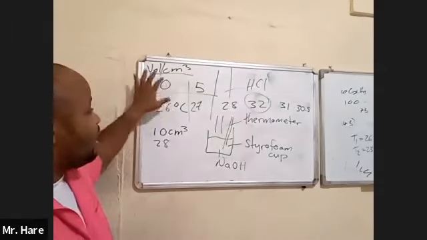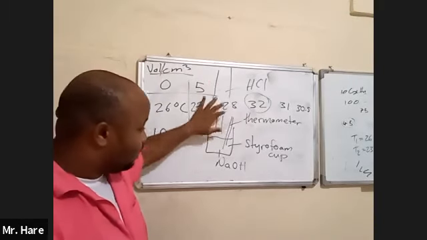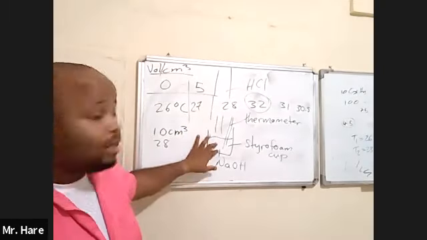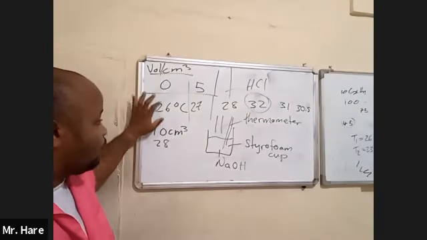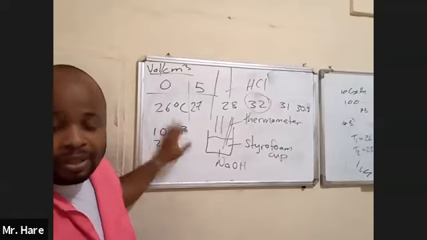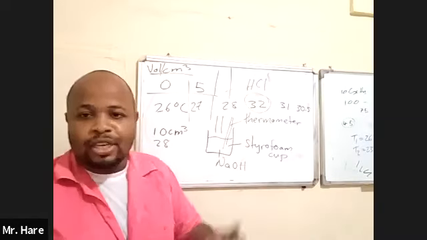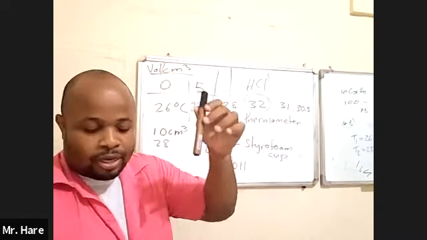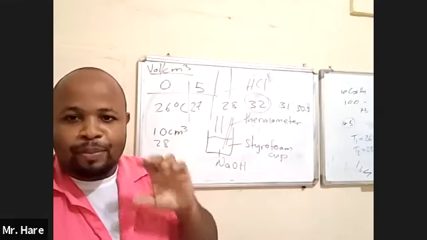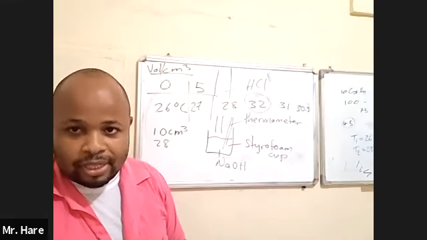So before you add anything else to the styrofoam cup, you record the temperature. So let us say it is 26 degrees Celsius. It's a titration, so you need to add a solution from the burette to the container. Good? You are going to add the solution from the burette in increments.